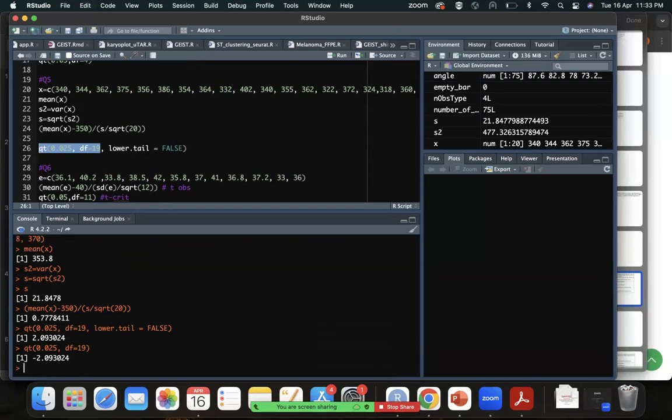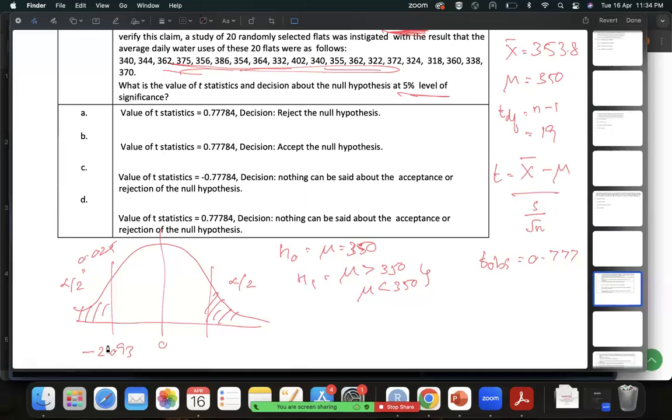With lower tail equal to true, the default, you get minus 2.093, and the other is plus 2.093. So it's basically mod T critical, because it's a two-tailed test.